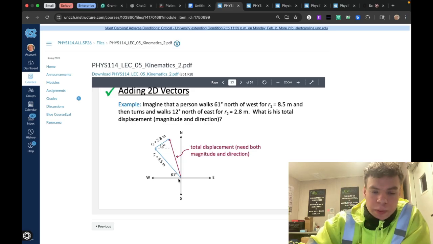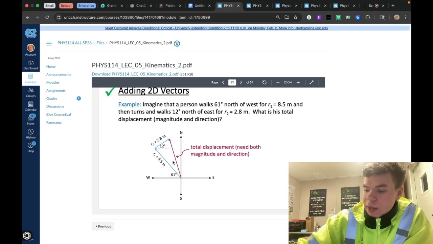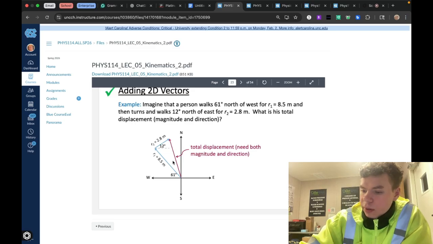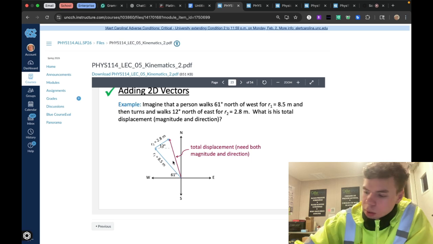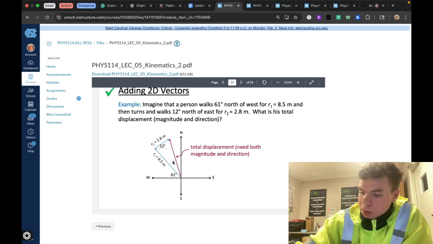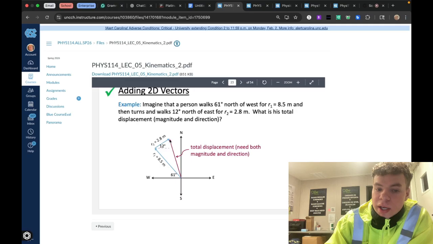And his total displacement in the y direction, which first he went 7.43 and then he went an additional 0.58, would equal 8.01 meters.